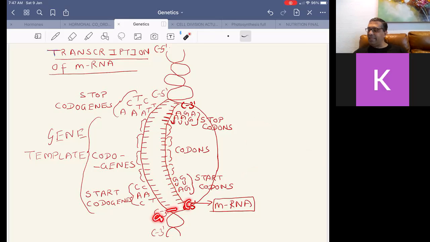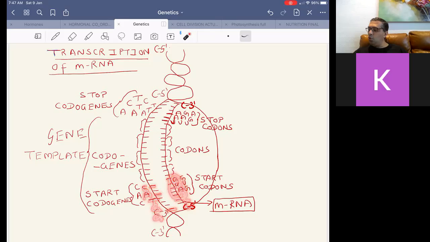On the mRNA will come C, and then say you have again G, then you'll have again C, and then suppose you have T, then here will come A, and then you have A, then here will come U, and here you have C, then here will come G, and an AUG sequence will be formed. Adenine, uracil, guanine.